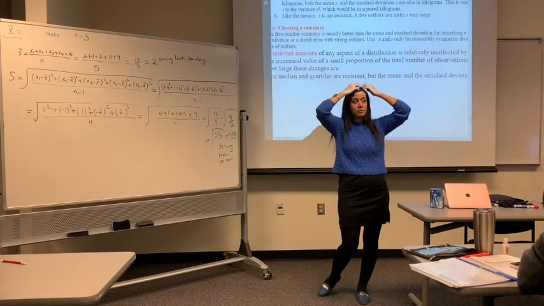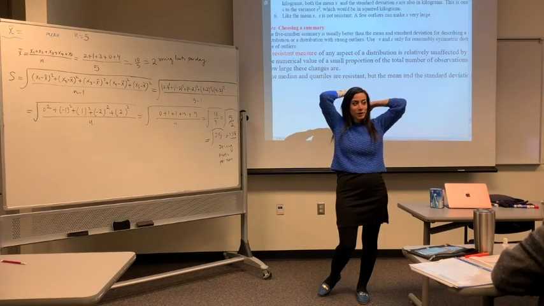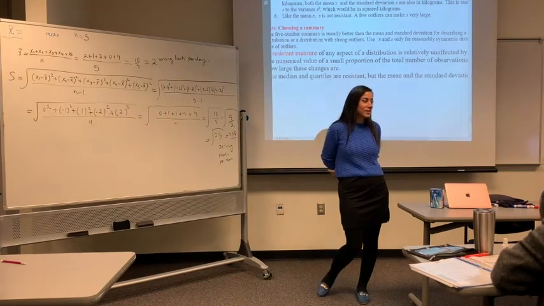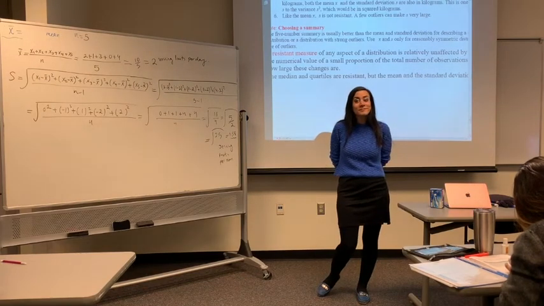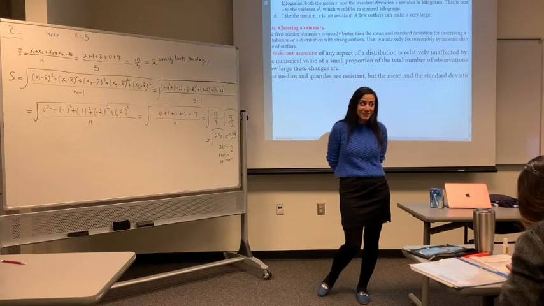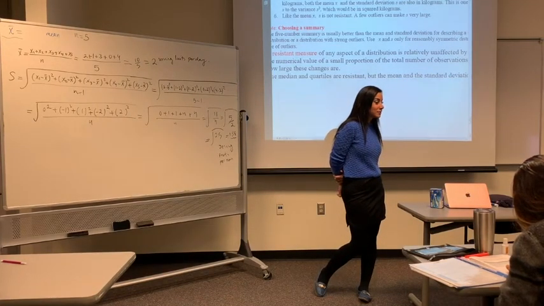So now my question: if I want to compare quartiles and standard deviations, are quartiles resistant to the outlier? Why?